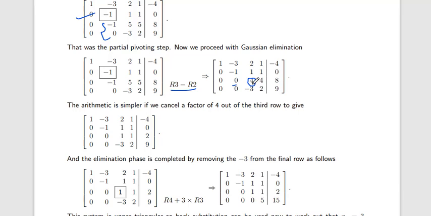Here you can see 4 4 8, you can divide this row by 4, or factor 4 out of the third row and get the answer 1 1 2, or you can also get the answer without applying this operation. It depends on you how to solve these types of matrices, okay.